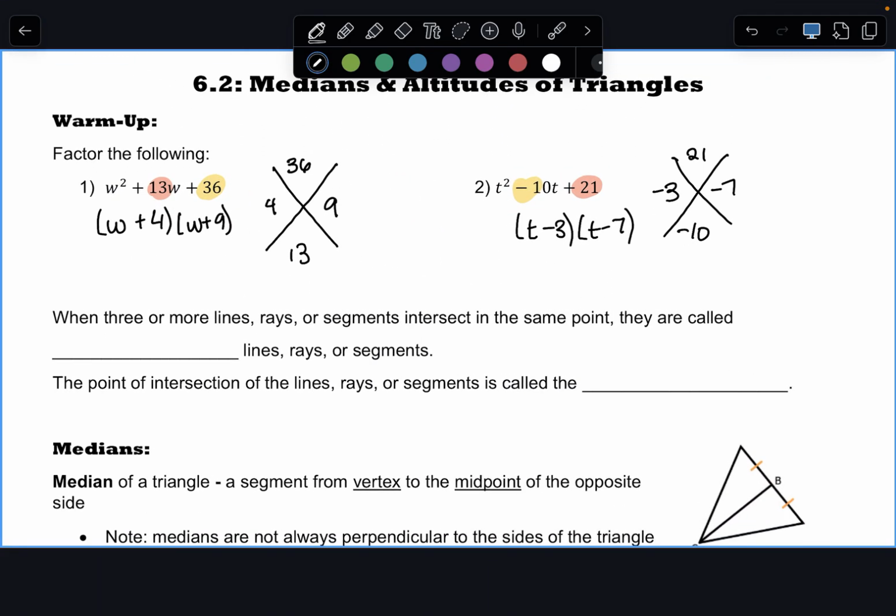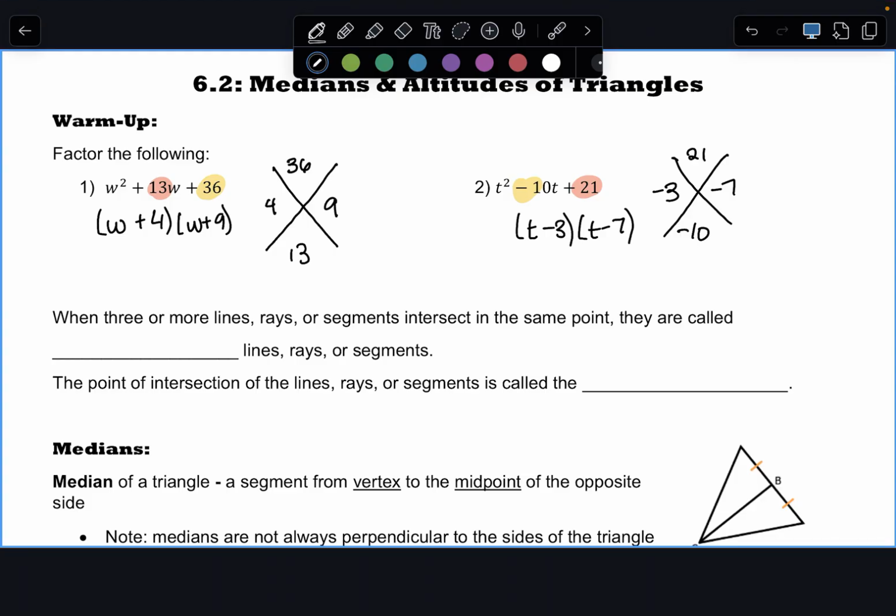Okay. So that was the warm-up. Now we're going to start talking about things kind of related to this poster over here. We have a bunch of special segments, and they're all going to intersect at special points in a triangle that we can kind of refer to as different centers of your triangle, okay? The one that we talk about today is actually going to be like the true center of mass, so we'll do like a cool kind of experiment with it.